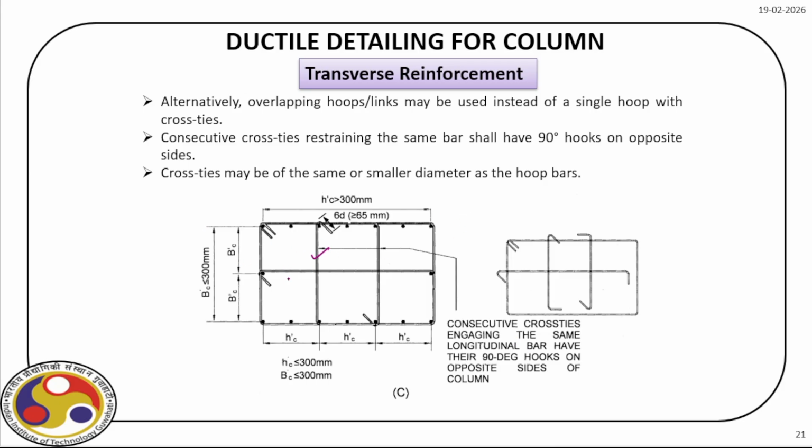Consecutive cross ties restraining the same bar shall have 90-degree hooks on opposite sides. Okay, so this is again important. From the detailing point of view, cross ties may be of the same or smaller diameter as the hoop bars, right? Preferably the same diameter. We always recommend the same diameter as we have for the hoop bars, right?